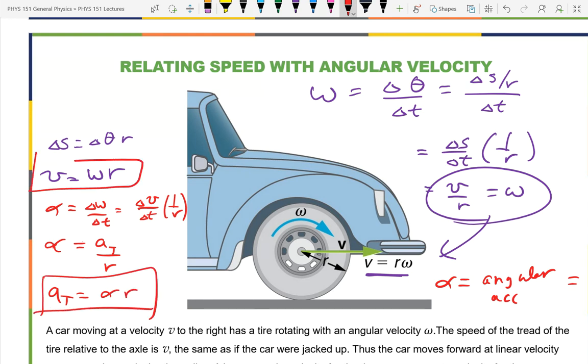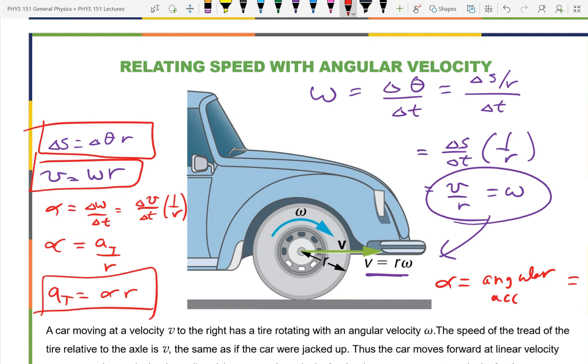So if you look at these equations that are in boxes, what do they all have in common? They all have the same last thing. What's that? The radius. They all are just the angular thing multiplied by radius gives me the linear motion, which makes a really easy step for us, the kinematic equations.